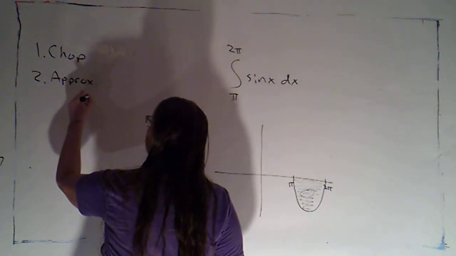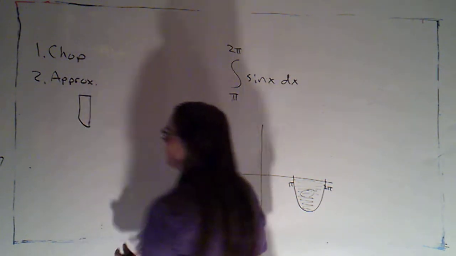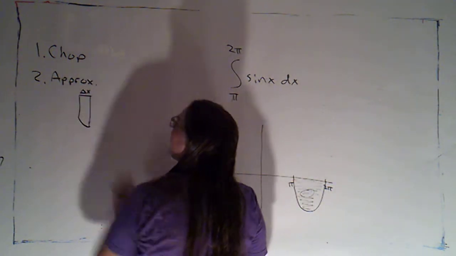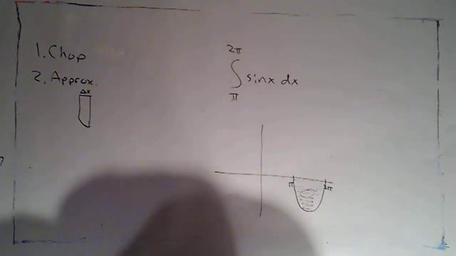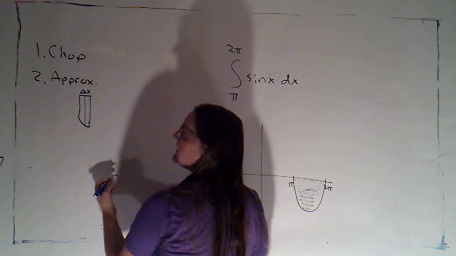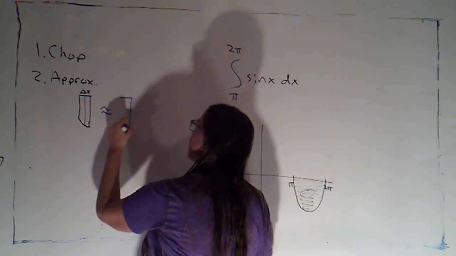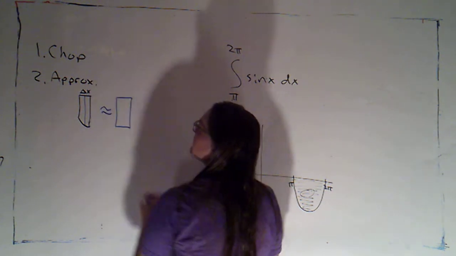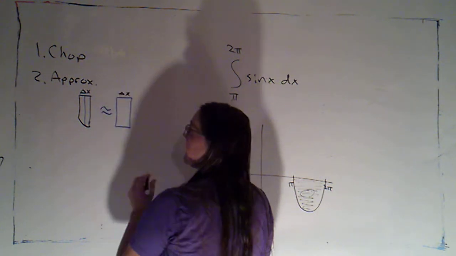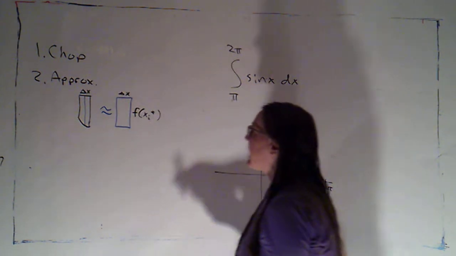So what's going to happen is if I have a piece that looks something like this, where that's a curved thing, and this is a delta x here, I'm going to pick some representative x value and take the height at that particular point. And I'm going to approximate that the area of that strip is the same as the area of the rectangle that has the same base, still delta x, but has as its height f at xi star.